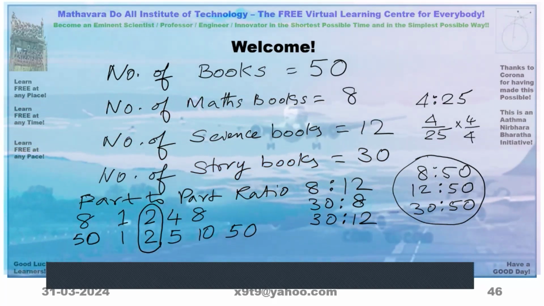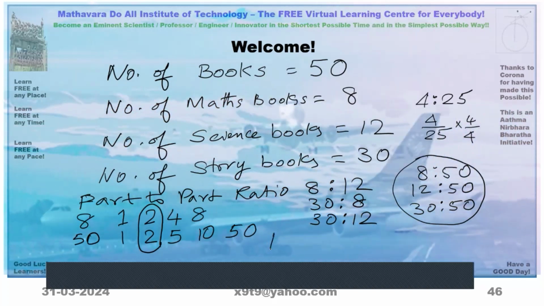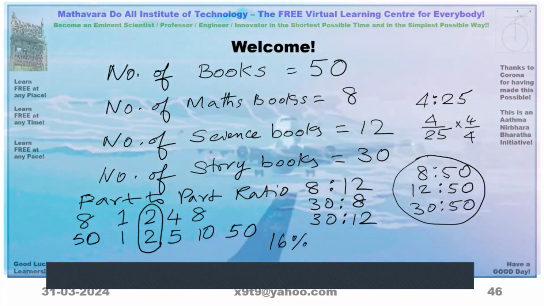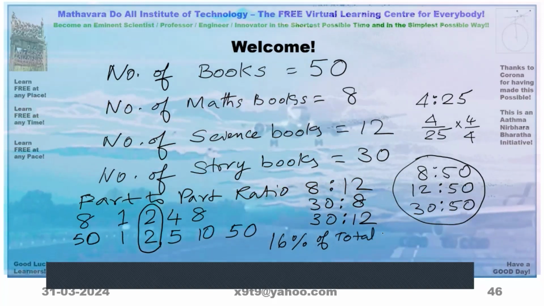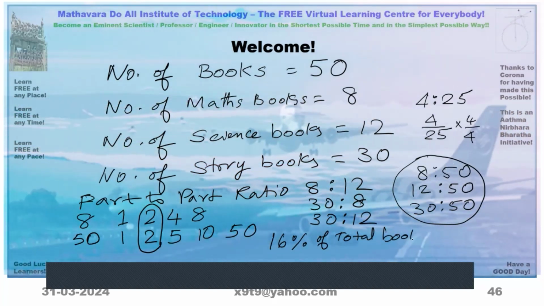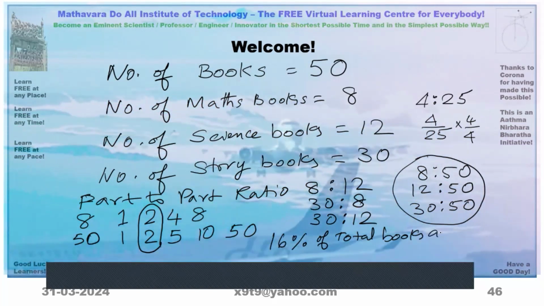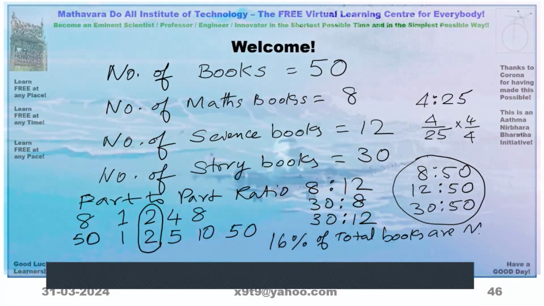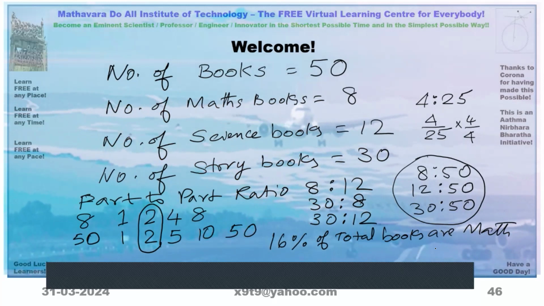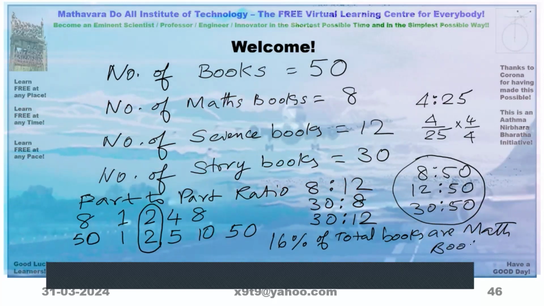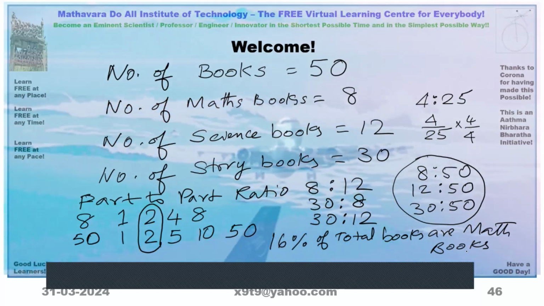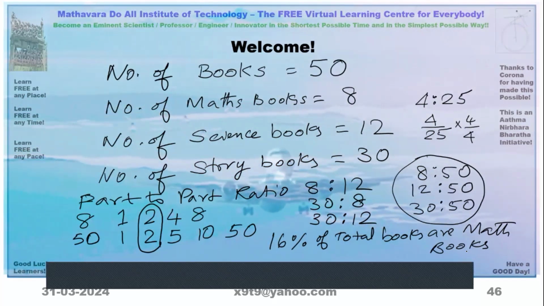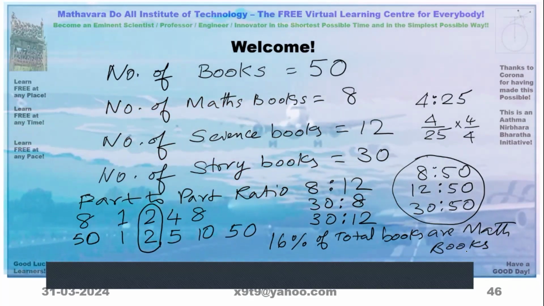Then we can say 16% of total books are mathematics books. You're able to follow? Yeah.